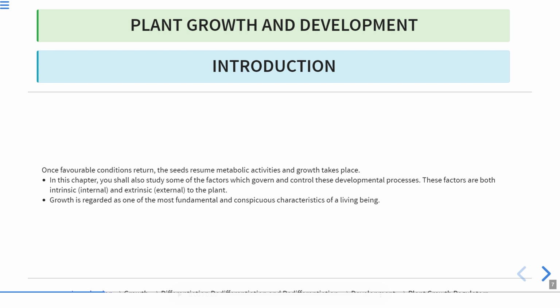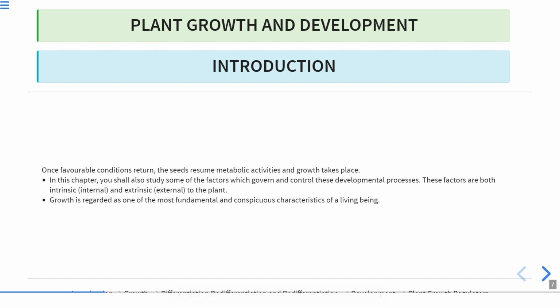It starts performing all its metabolic activities and growth takes place. Once the favorable conditions come back to the seeds, the metabolic activities of the plant get started again, and you can see growth in the plant.